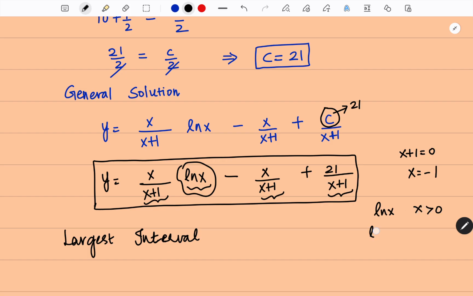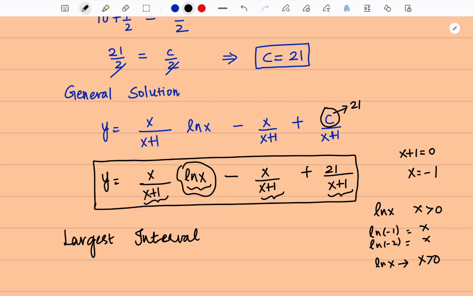Why? Because ln of minus 1, if you put it in the calculator, you will get an error. Ln of minus 2, you also get an error, not defined. So the final conclusion is ln x is defined only for x more than 0.